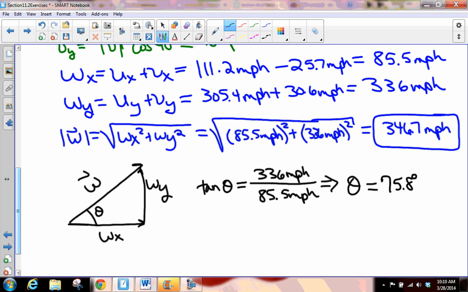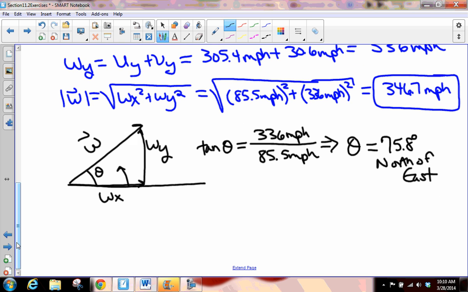But in this case, I'm starting in the east direction. So it's going to be 75.8 degrees north of east. Now, all of the other angles in this problem were given with respect to north, so you might want to change that around.